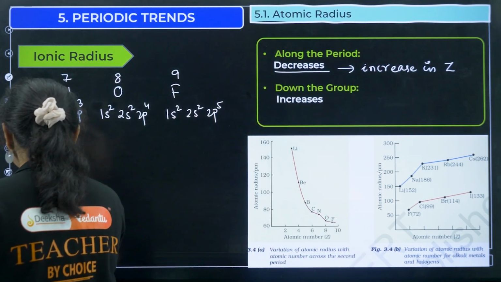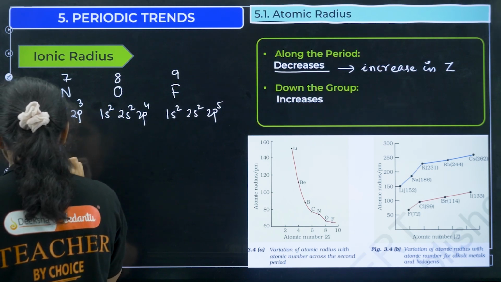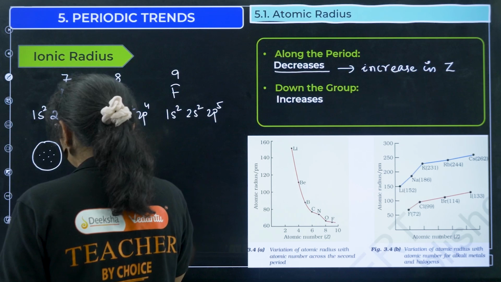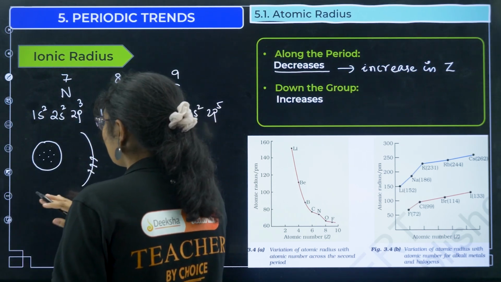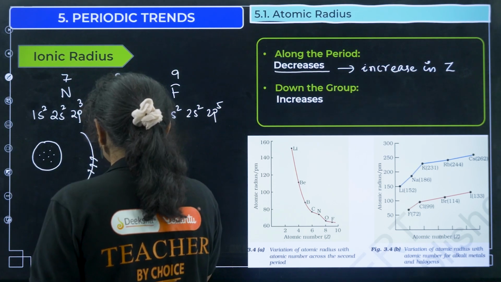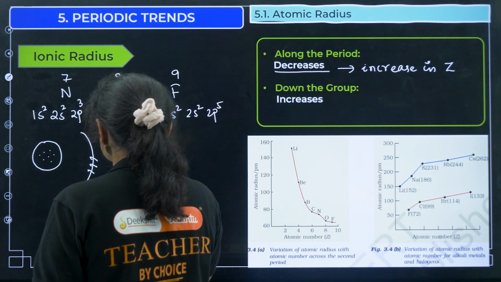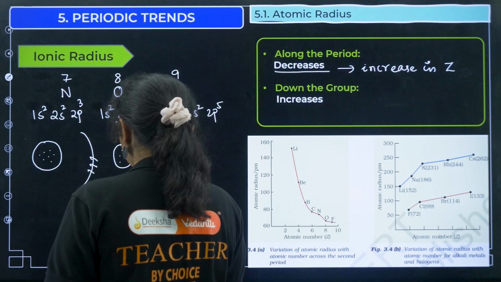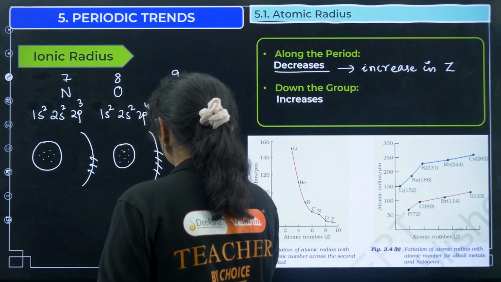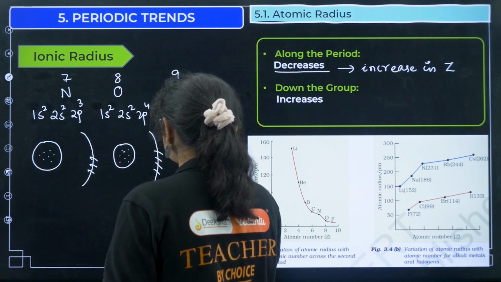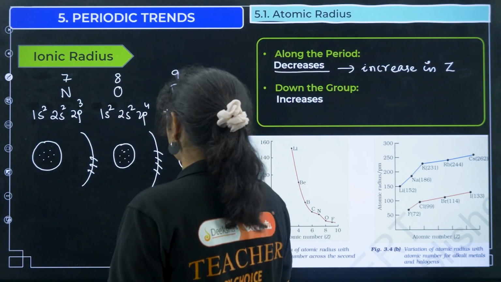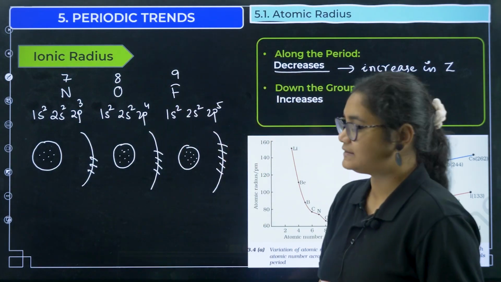Nitrogen has 7 protons inside the nucleus and 5 outermost electrons. Oxygen has 8 protons and 6 outermost electrons. Fluorine has 9 protons and 7 outermost electrons.